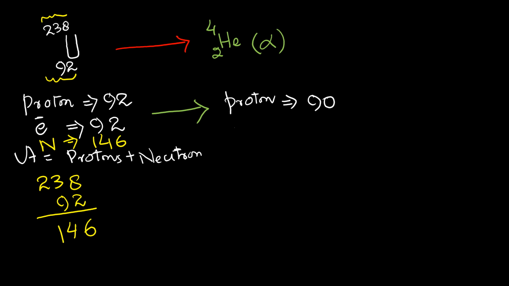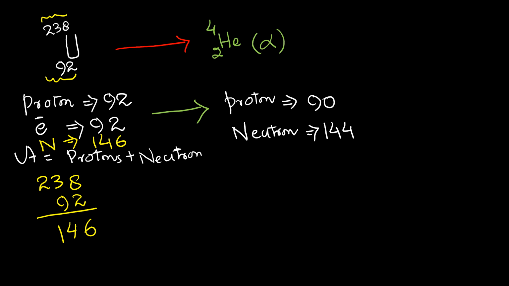Similarly, in forming the alpha particle, the uranium atom also loses 2 neutrons.